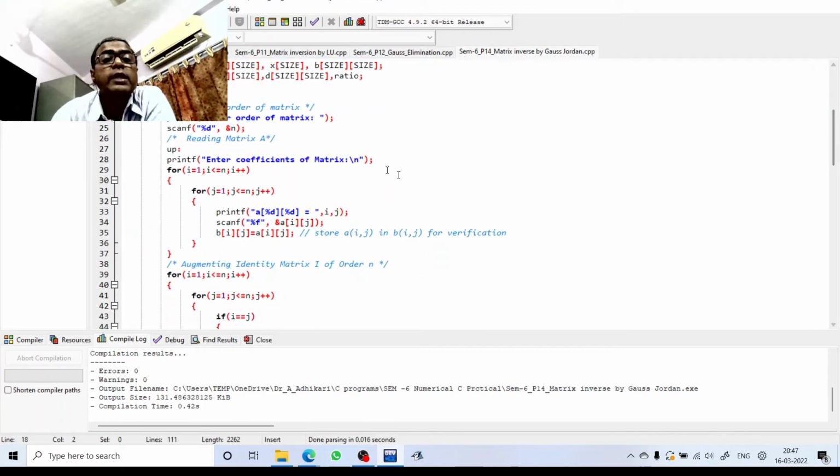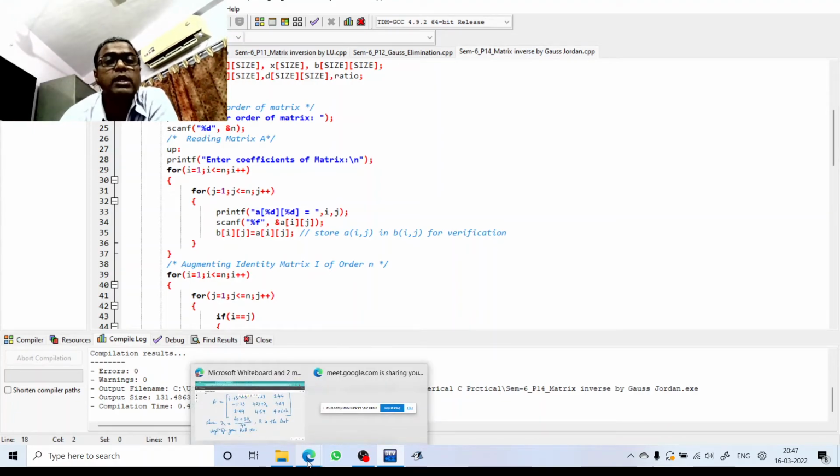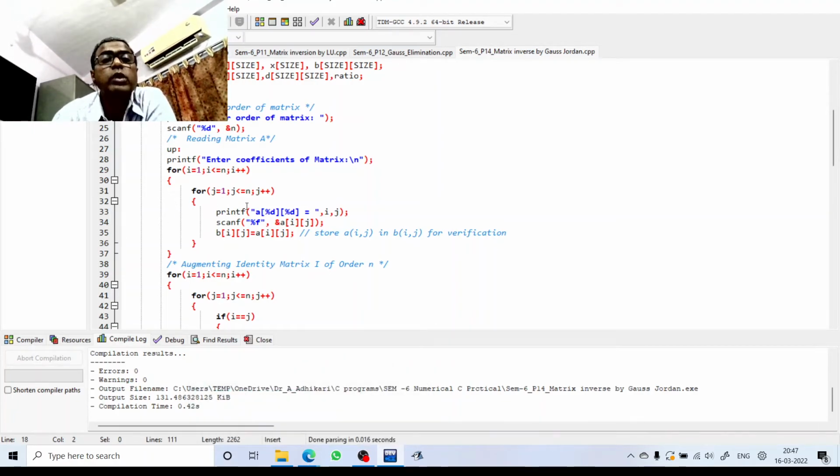Next we read the elements of the coefficient matrix A, row wise, with a for loop for i equal to 1 to n. Actually this two dimensional array starts from 0 up to n minus 1, so here we write i less than or equal to n.